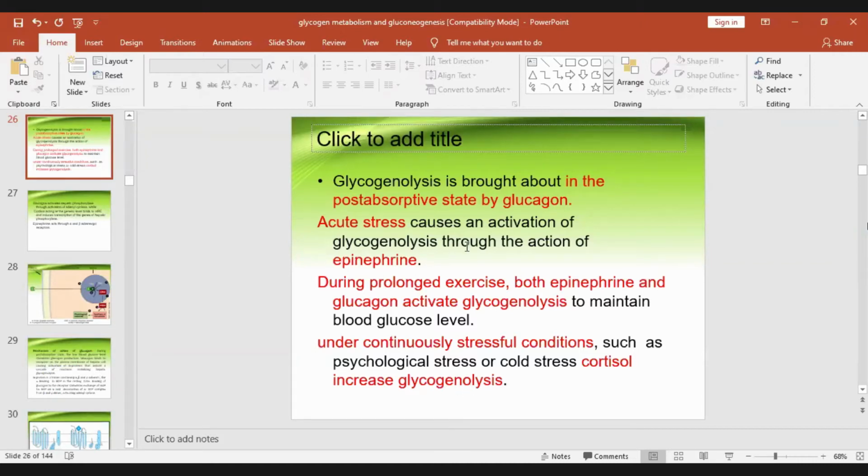So this is what you should remember. In the post-absorptive state, it is by glucagon. In acute stress, it is by epinephrine. During prolonged exercise, both epinephrine and glucagon activate glycogenolysis to maintain blood glucose level. Whereas under continuously stressful conditions, cortisol brings about glycogenolysis.